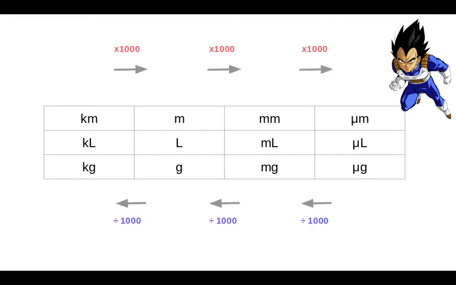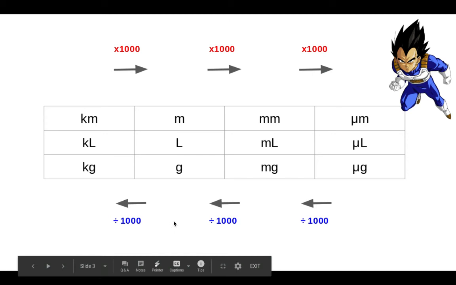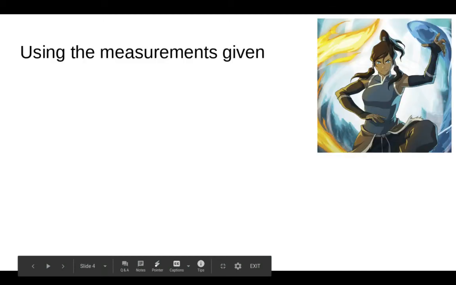And again, we convert them in the same way. It's just by a factor of 1,000, okay? So kilometer to meter, multiply by 1,000. Liter to milliliter, multiply by 1,000. Milligram to microgram, multiply by 1,000. And then obviously if you want to increase the size of the units, you just divide by 1,000, okay?